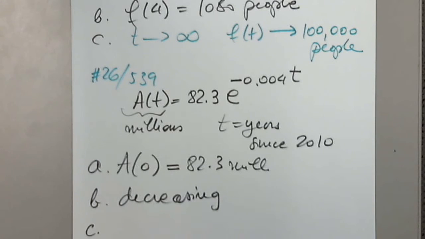In which year will the population be 79.1? What am I given? What am I asked to find? Given the y value, indeed.